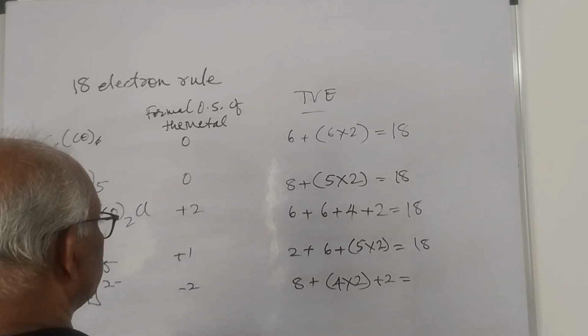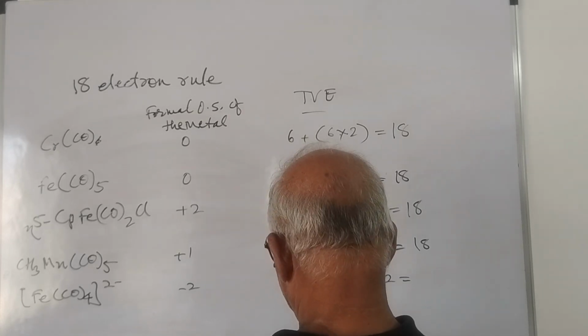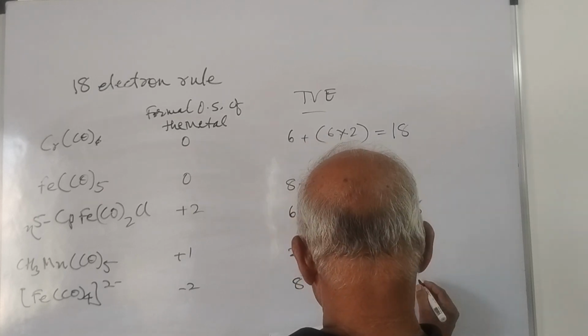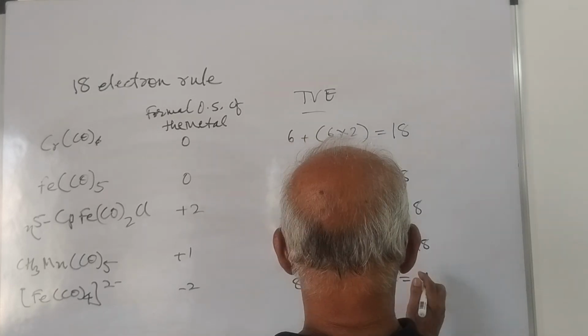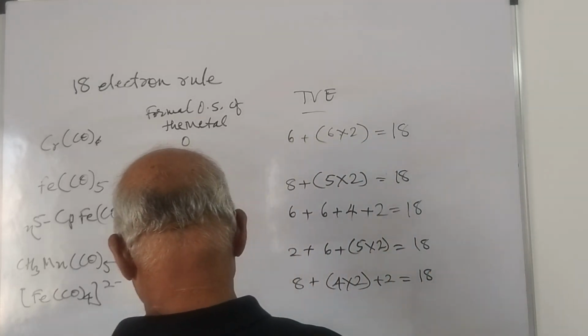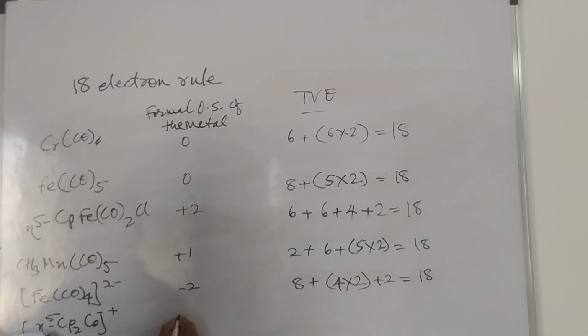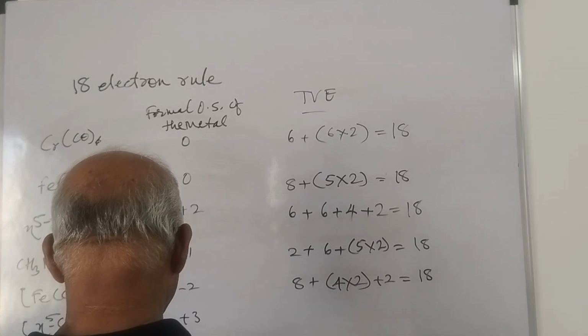We will see some more examples. It depends upon the overall charge. So we take this example Fe(CO)4 with charge 2-. So the total is 8 plus 8 plus 2, which is 18. Now another example, eta 5 Cp2Co+, where the oxidation state is plus 3 and the overall charge is plus 1.